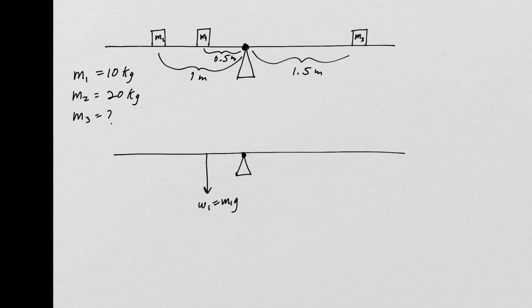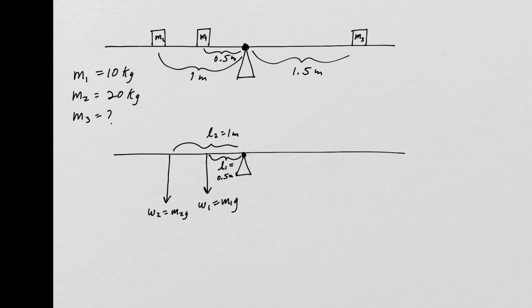That's my force. And I know that this distance, L1, is 0.5 meters. Then I have weight 2, which is M2g. And that distance is L2, which is 1 meter. This one is 0.5 meters.